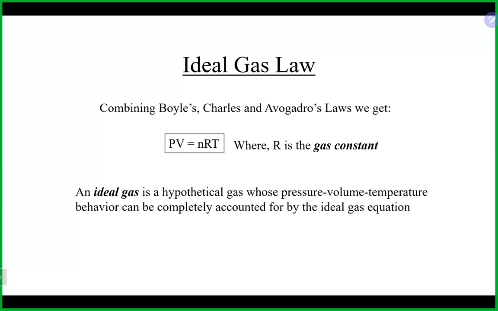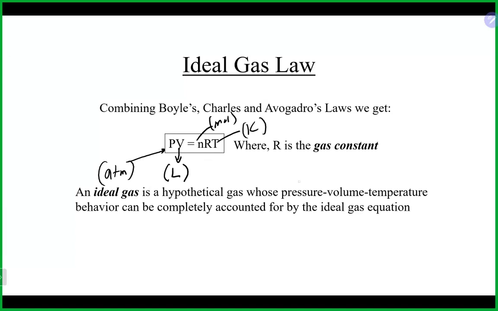And the ideal gas law is also the most restrictive in terms of units. When you use the ideal gas law, the pressure has to be in atmospheres, the volume has to be in liters, n is moles, and T is Kelvin.